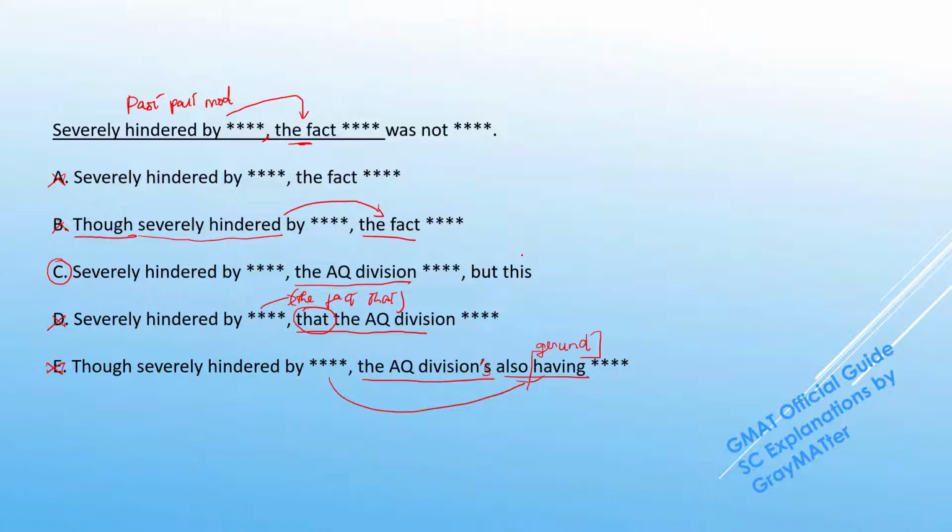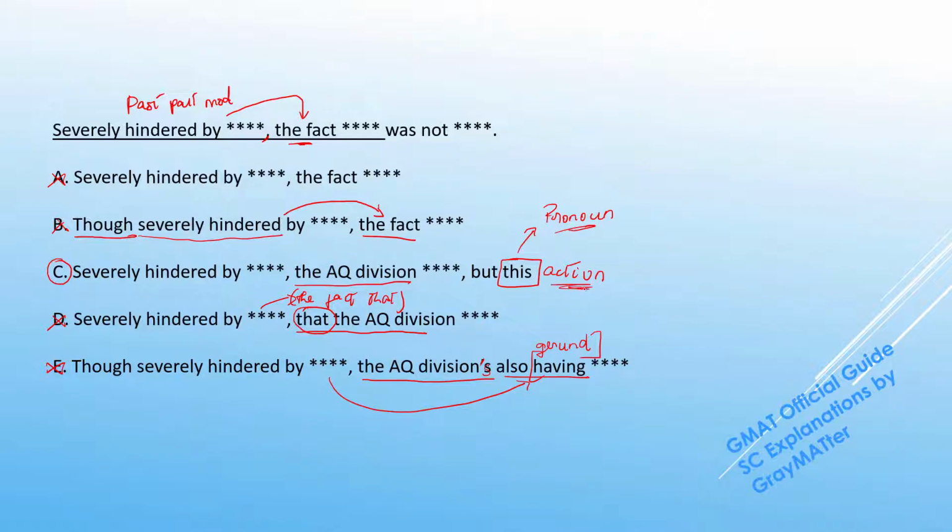Now as I said before, one frustrating aspect is that they use the pronoun "this" to refer to an action that the AQ division is to carry out. But GMAT has always been against using a pronoun to refer to a full clause or a verb, because generally this demonstrative pronoun would work if the next clause had something like "but this action was not something something."